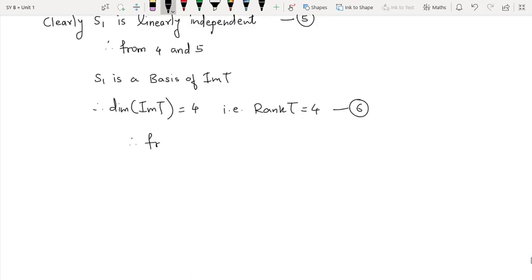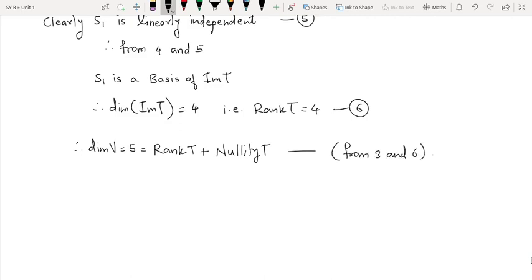Therefore from 3 and 6 you are directly here. Therefore the dimension of V, that is nothing but 5, is equal to the rank of T plus nullity, right? This is from 3 and 6. Okay. Therefore the rank nullity theorem is verified.